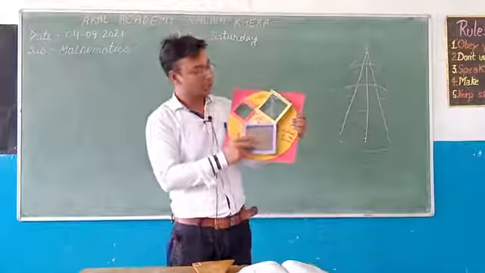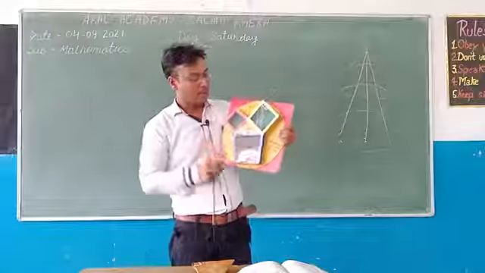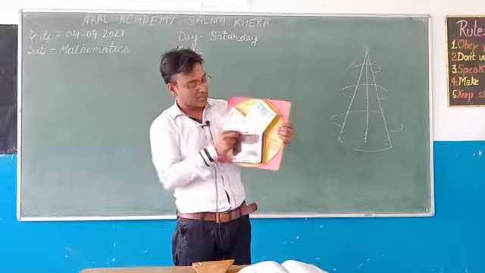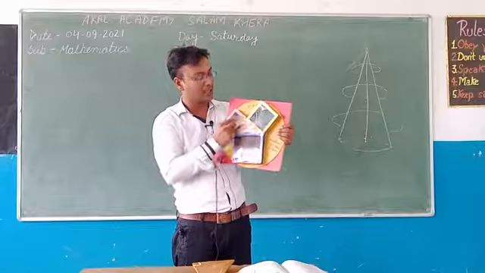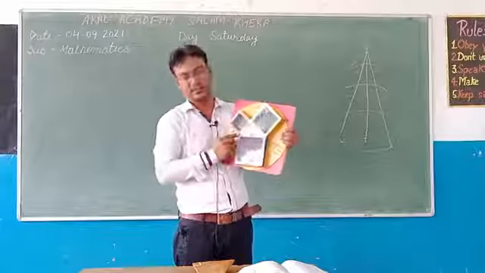Okay, so this proves that the square of the longest side of a right angle triangle is equal to the sum of the squares of the other two sides.